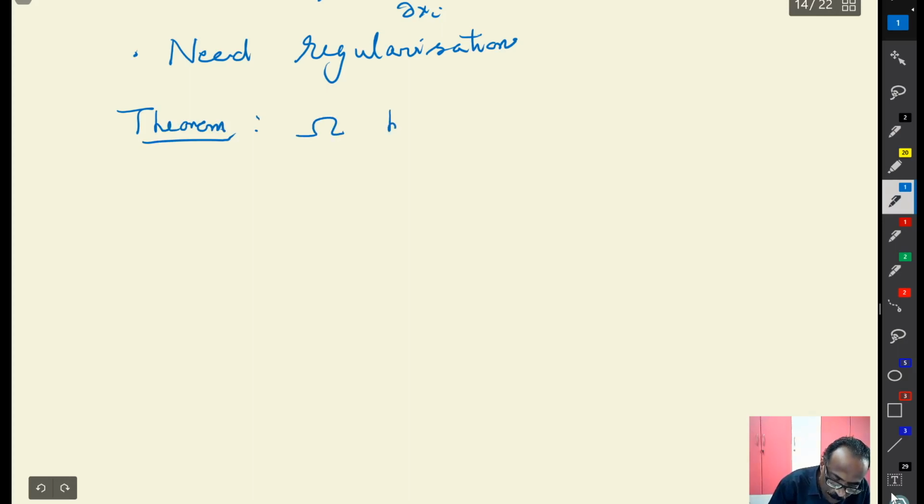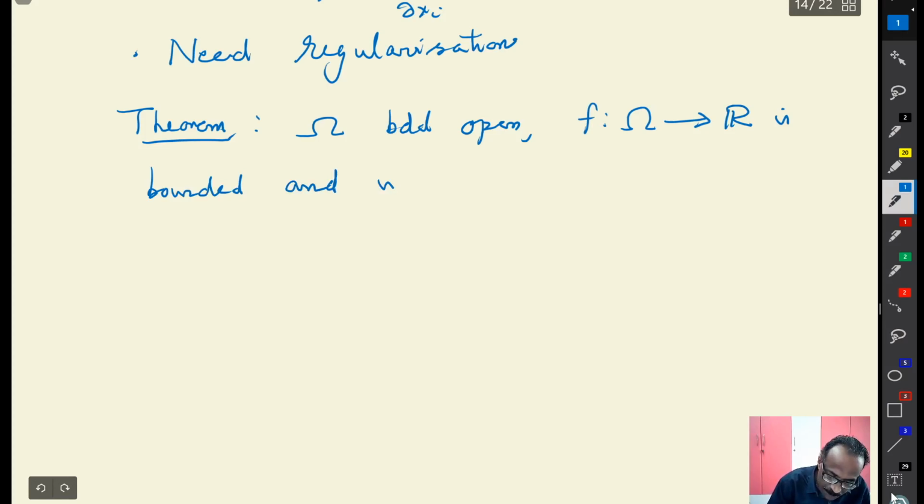Omega is bounded and open as usual, and going to a special case we are considering, f from omega to R. I am not assuming differentiability, but I am assuming boundedness: f is bounded and integrable, not even continuous.